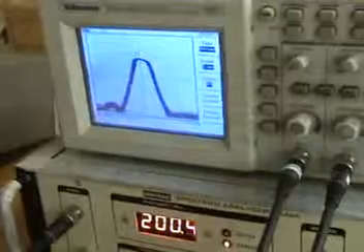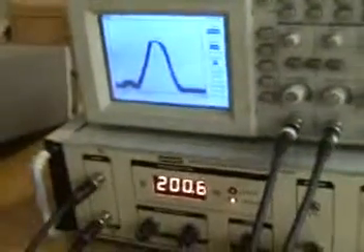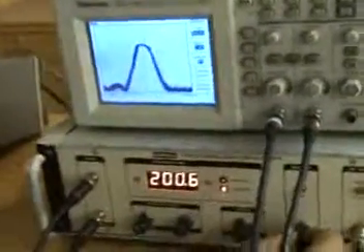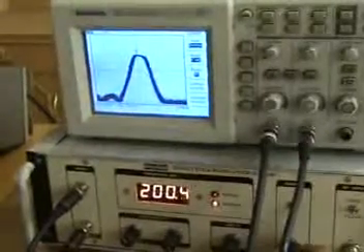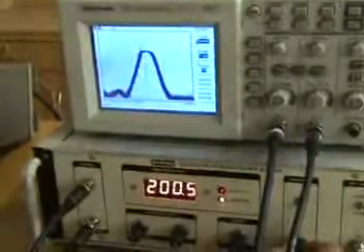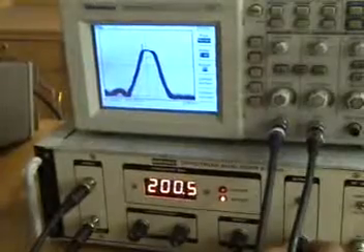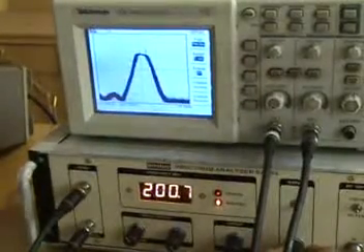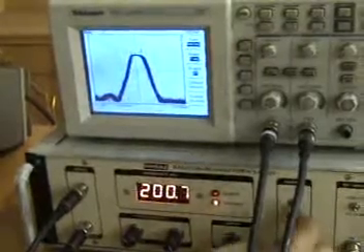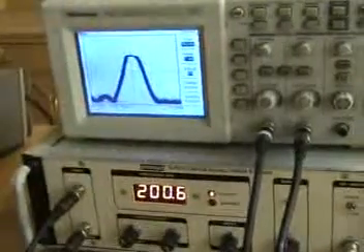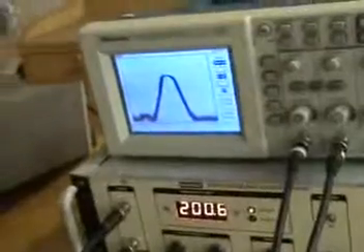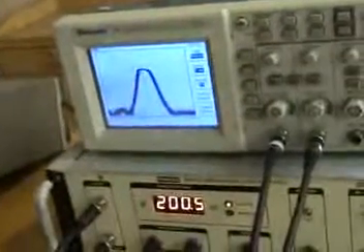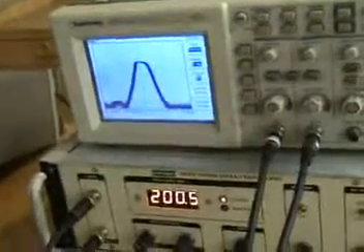So even from the marker, because the marker has only accuracy of 100 kilohertz, you can see the marker is right now displaying 200.5, whereas on this end the marker is reading 200.7. So the IF bandwidth of this filter or spectrum analyzer is around 200 kilohertz.